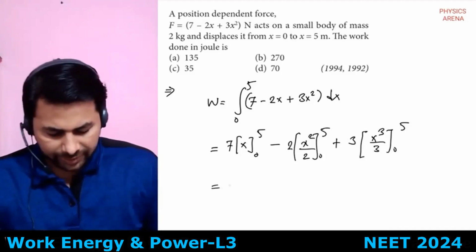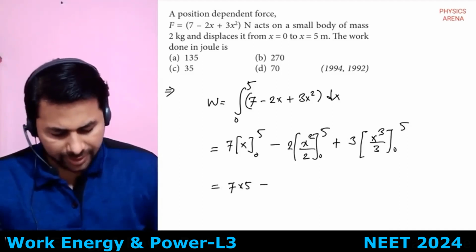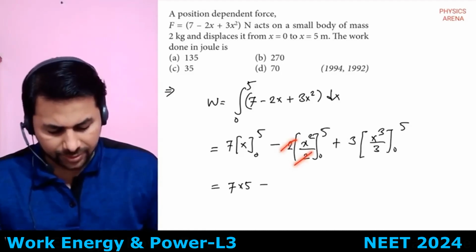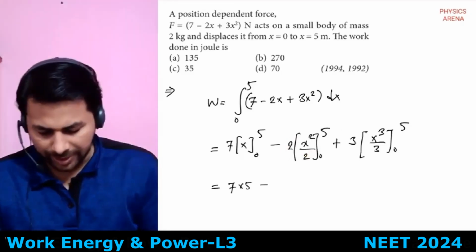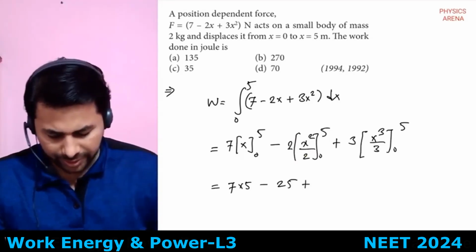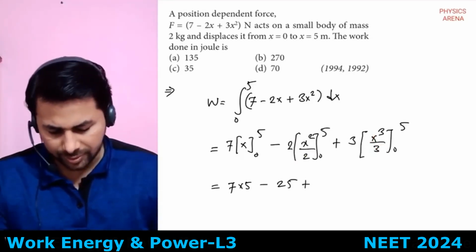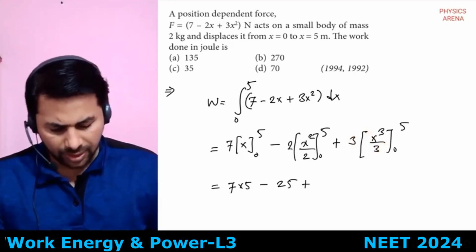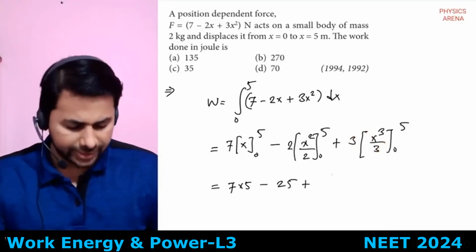So that is 7 times 5, minus, this 2 will get cancelled out, 5 square is 25, plus this 3 will get cancelled out, and 5 cube is 125.